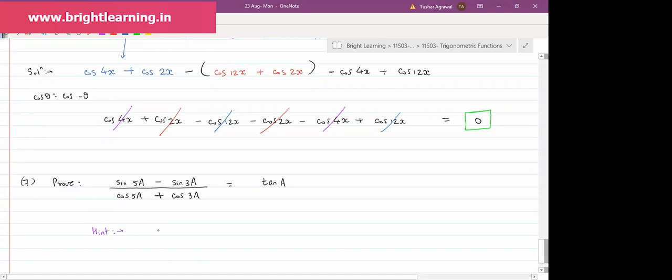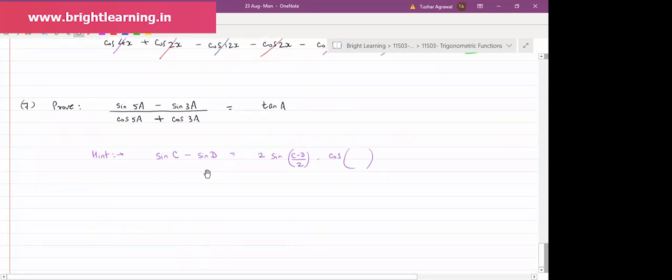Which identities are useful over here? Sine C minus sine D is equal to 2 times sine of C minus D by 2 into cos of something. Think what is there, that identity.